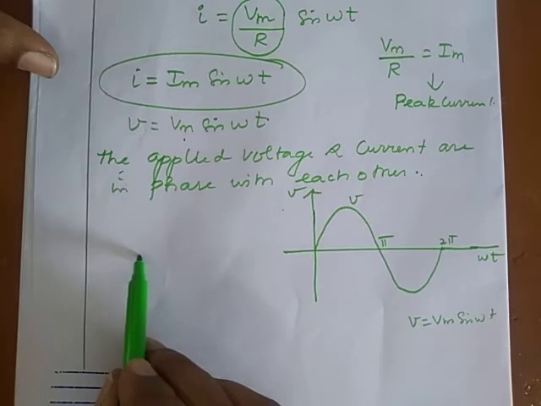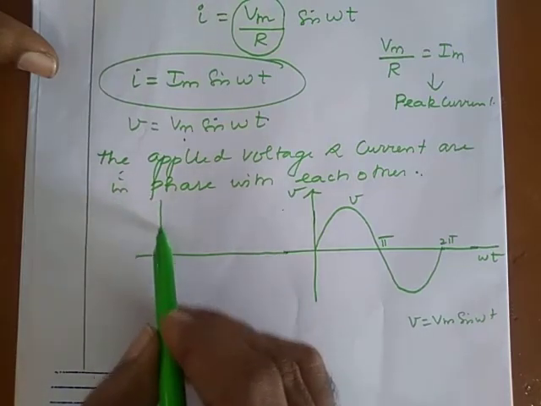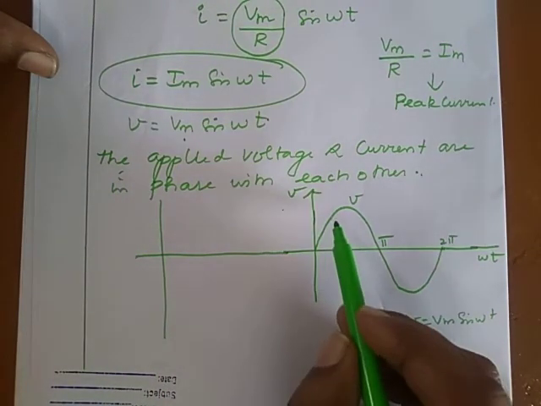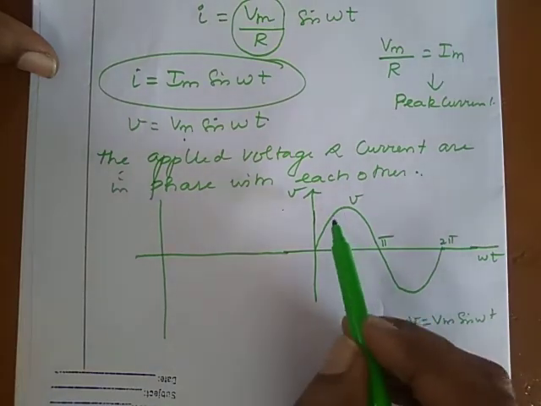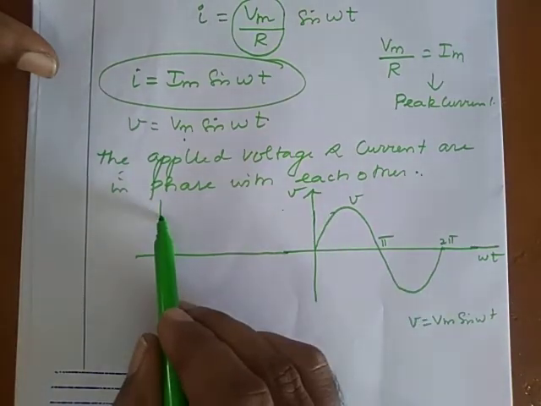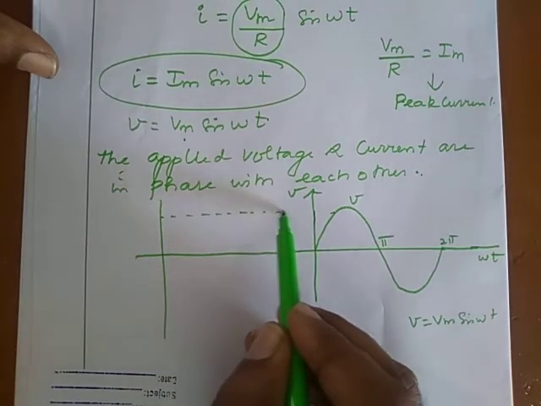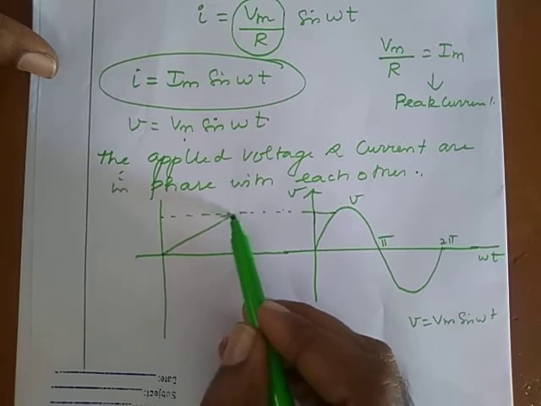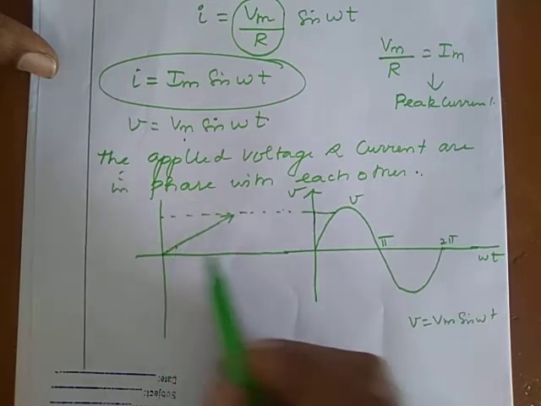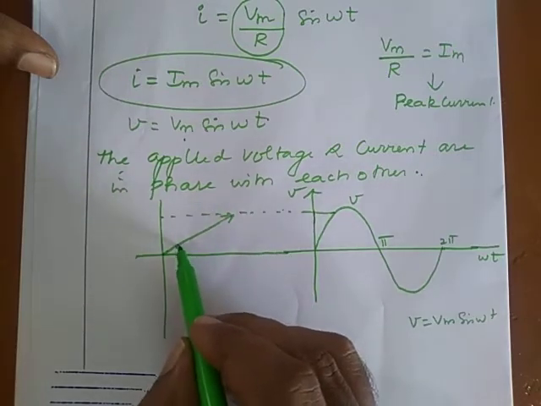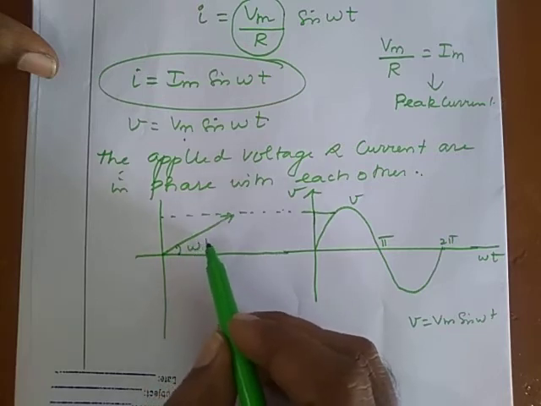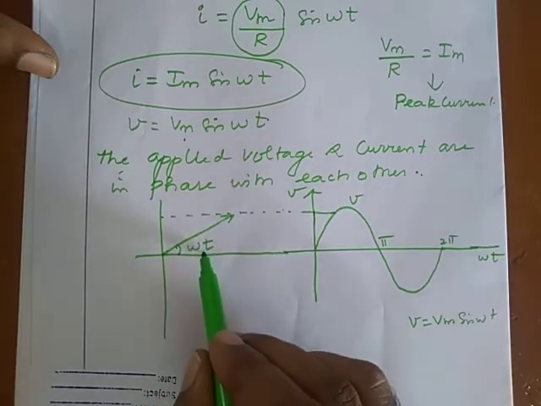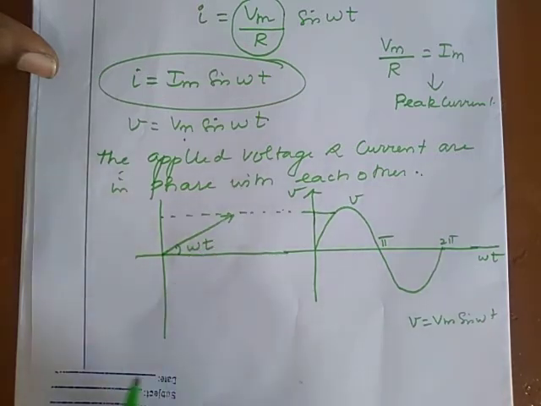We know how to draw a phasor diagram. Suppose I consider this instant. This is a phasor for voltage. This one is omega t, that is the angular phase of an alternating voltage.